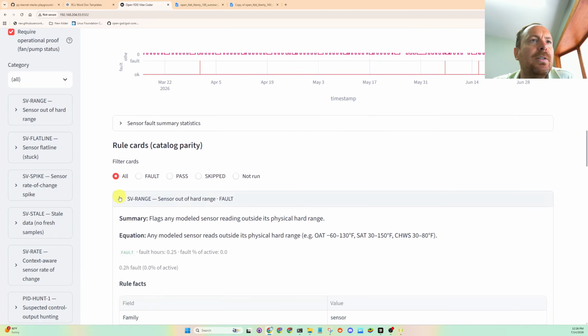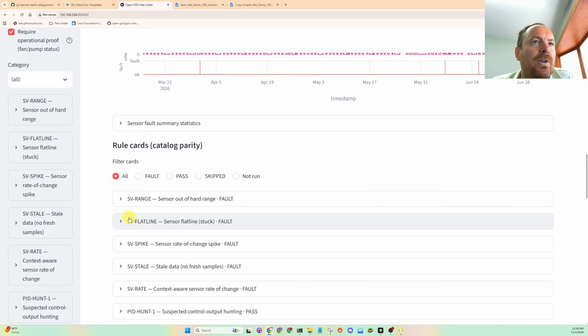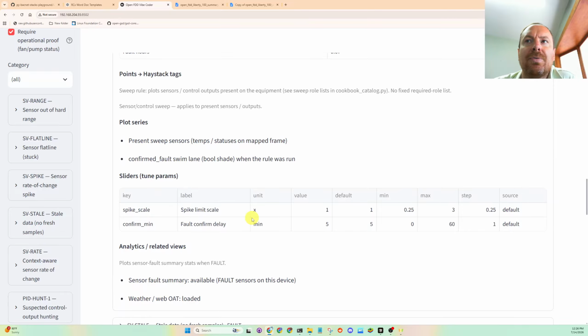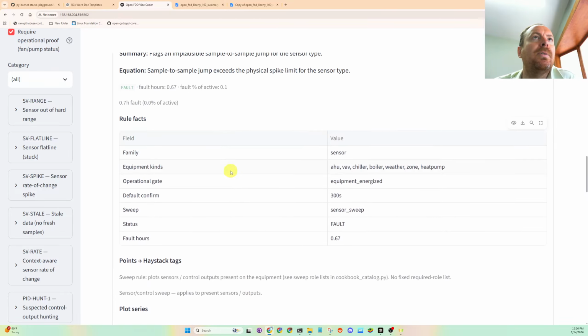Okay, so sensor range faults, flat lines, sensor rate of change. This is something new, sensor rate of change. I'm actually going to start another round of Git issues.